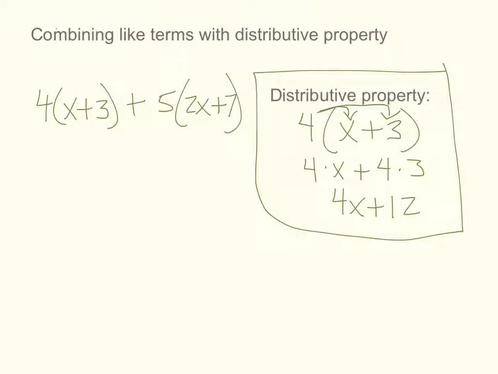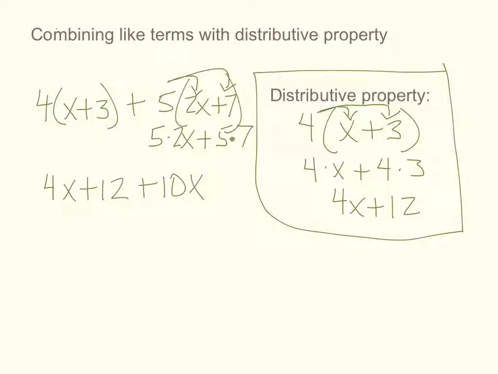We already did the 4 off to the side, and we know that that's 4x plus 12. But to show the 5 getting distributed, I've got 5 times 2x, and I've got 5 times 7. When you do 5 times 2x, you just group the 5 and the 2 because those we know, and then stick the x on it. So 5 times 2x is 10x. 5 times 7 we know is 35.